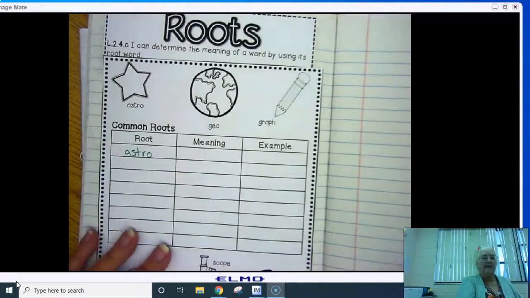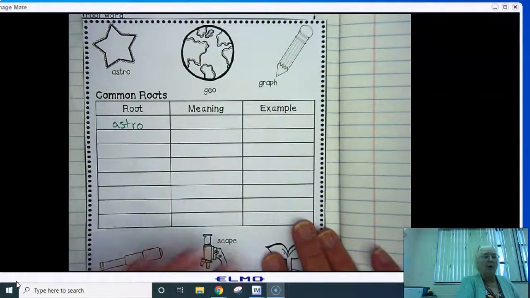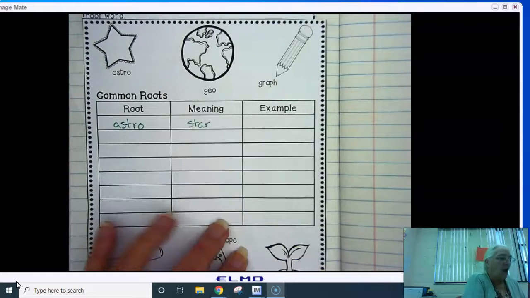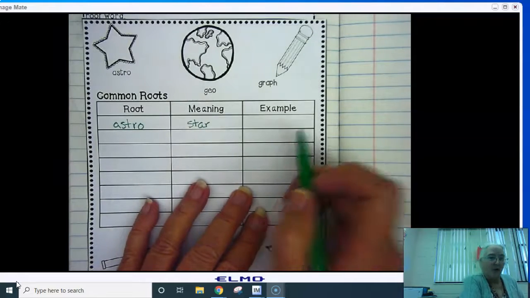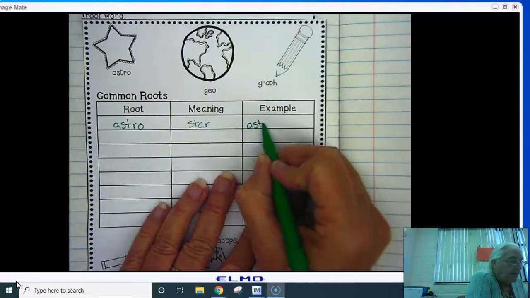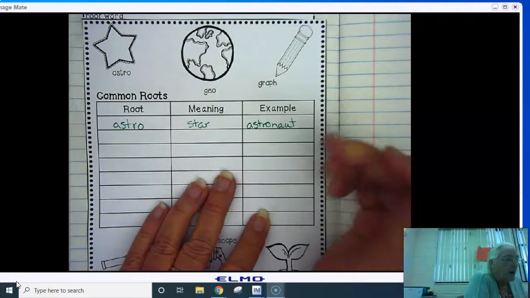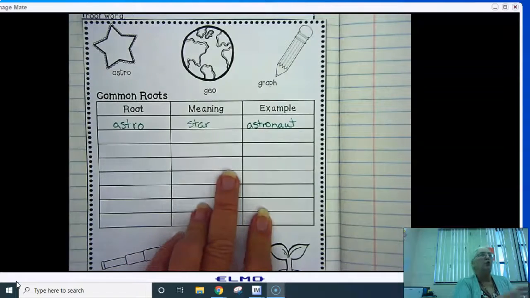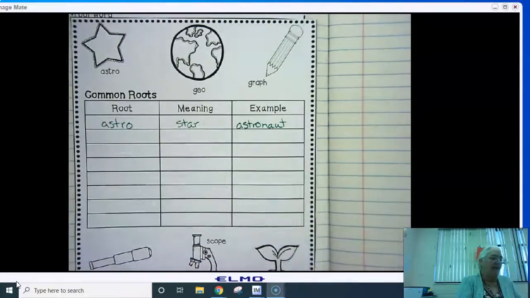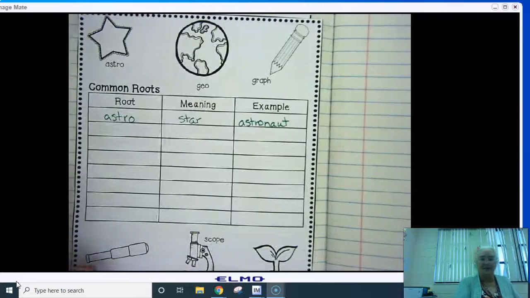When we see A-S-T-R-O in a word as the root of the word, we know that it has something to do or is related in some way to star. So astronaut. Naut has something to do with traveling or distance. So astronaut is a star traveler or going a distance to stars, something like that.